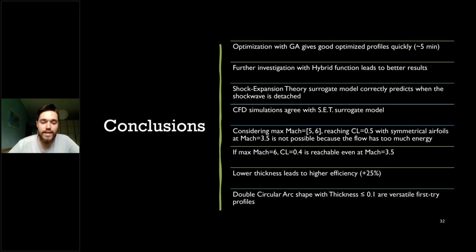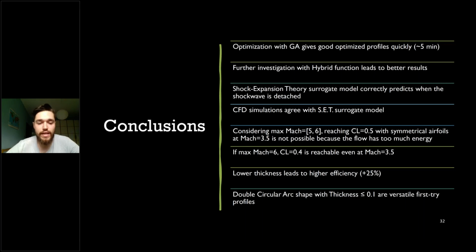Thank you. In the end, we can say that the genetic algorithm optimization is fast and valid, especially when coupled with an additional optimization function. The shock expansion theory is a valid surrogate model, even in detached shockwave and high Mach number scenarios.